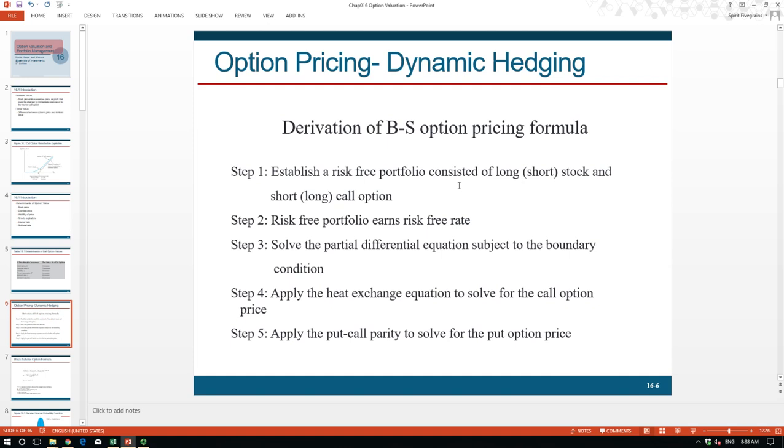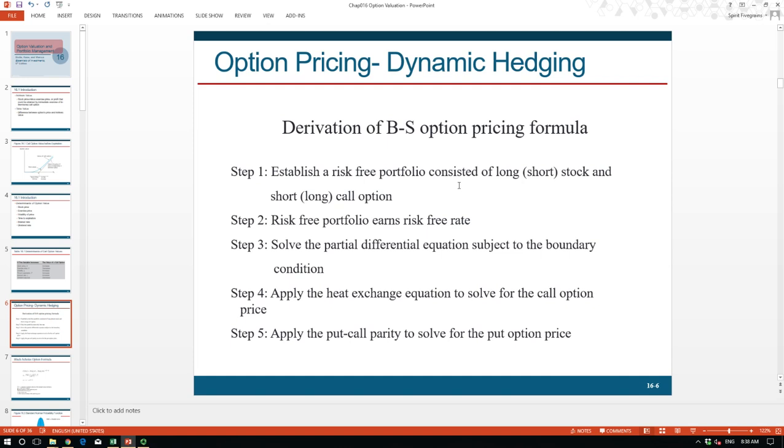And the solution of a partial differential equation is not unique. In most cases, there might be a set of solutions. But once we impose so-called boundary conditions, then a set of solutions can be reduced to one unique solution. That is the solution for option price.